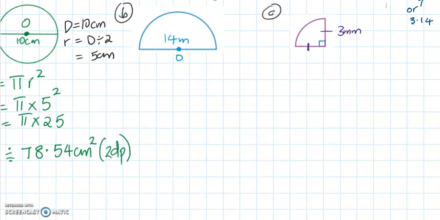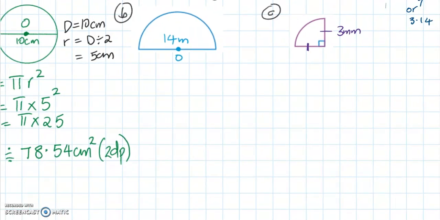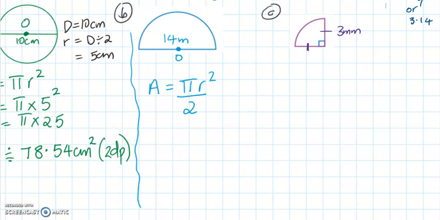All right, now let's look at the second example. Second example is where now, as you can see, we have half a circle. So not a full circle, half a circle. Basically all we do is we take the area formula, which is pi r squared. Because it's half a circle, we divide that by 2.